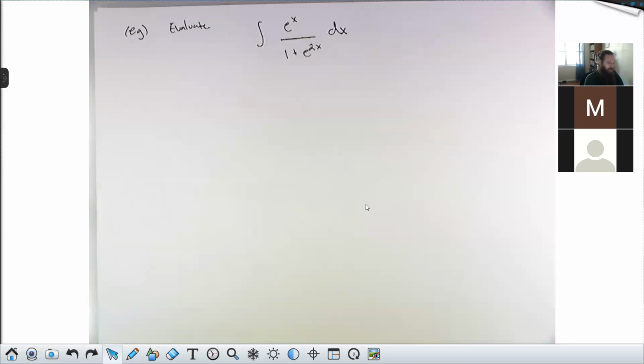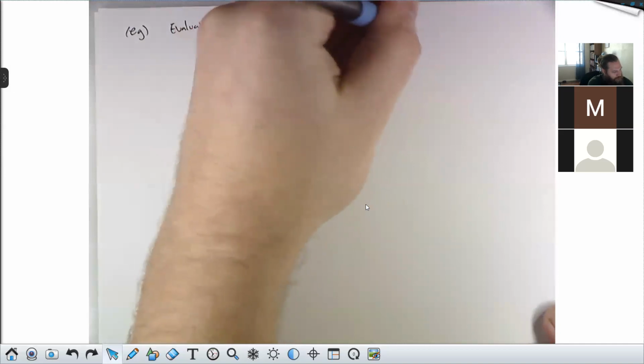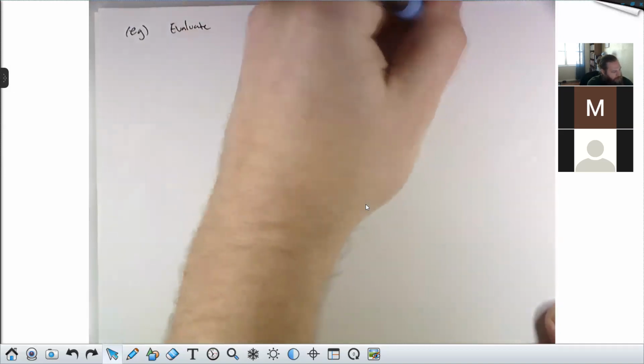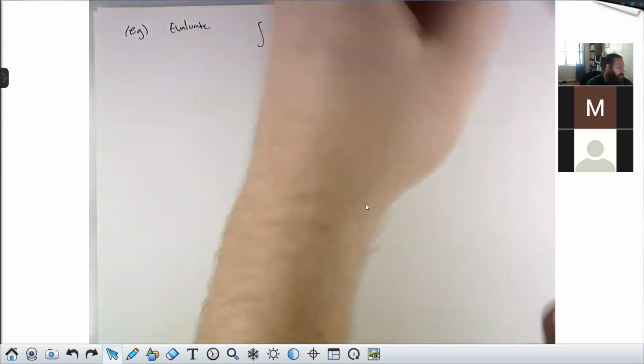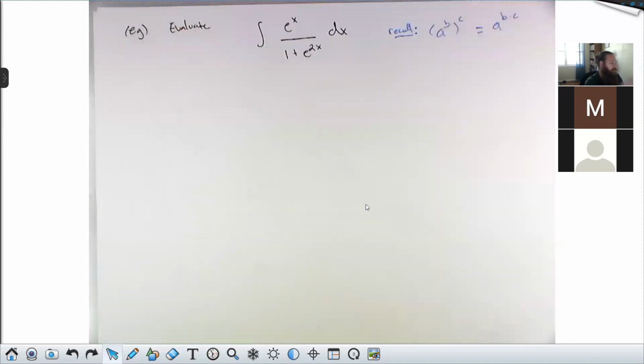An algebra rule that will help us is that if you have a power raised to another power, that's the same thing as that first base raised to the product of the two powers.